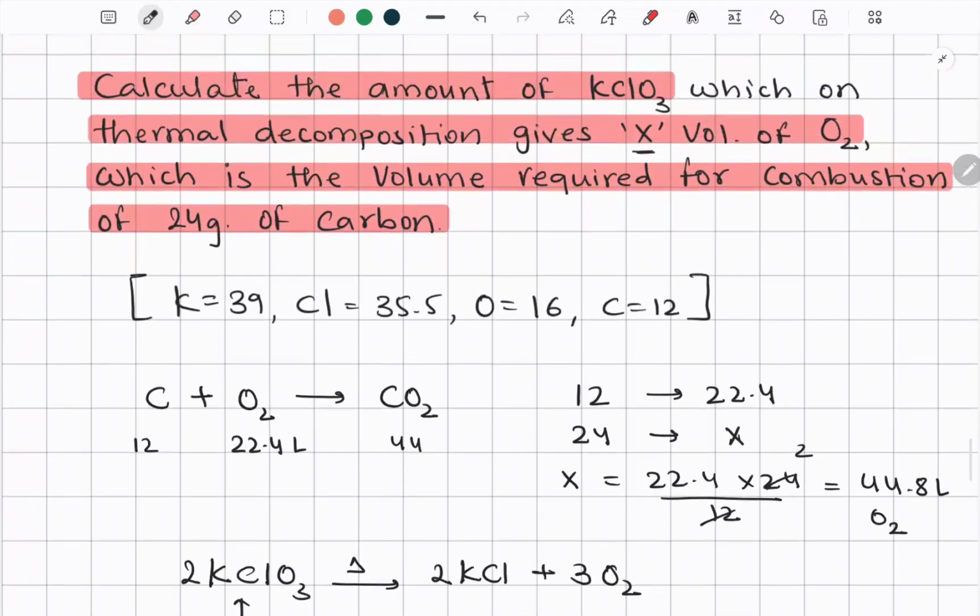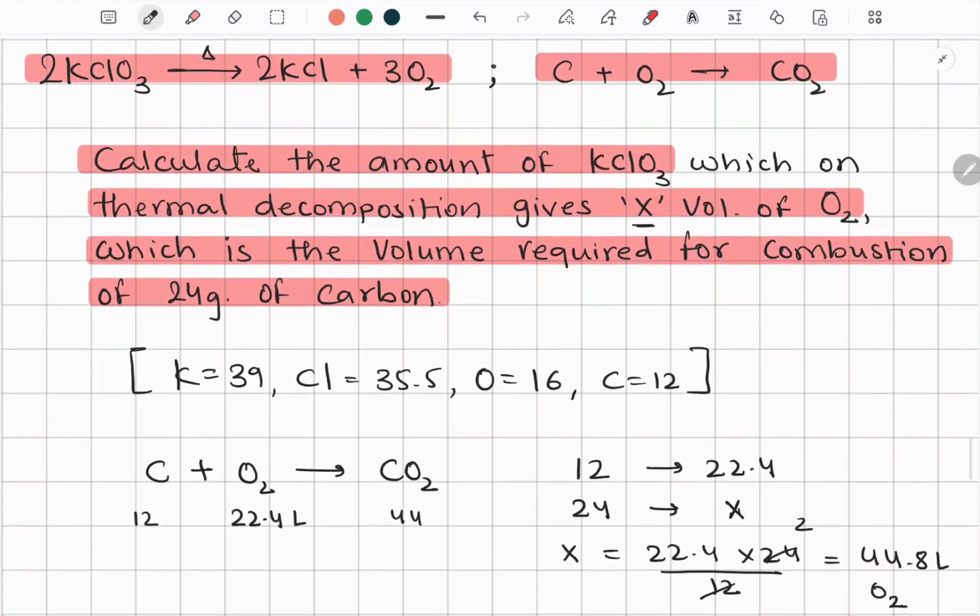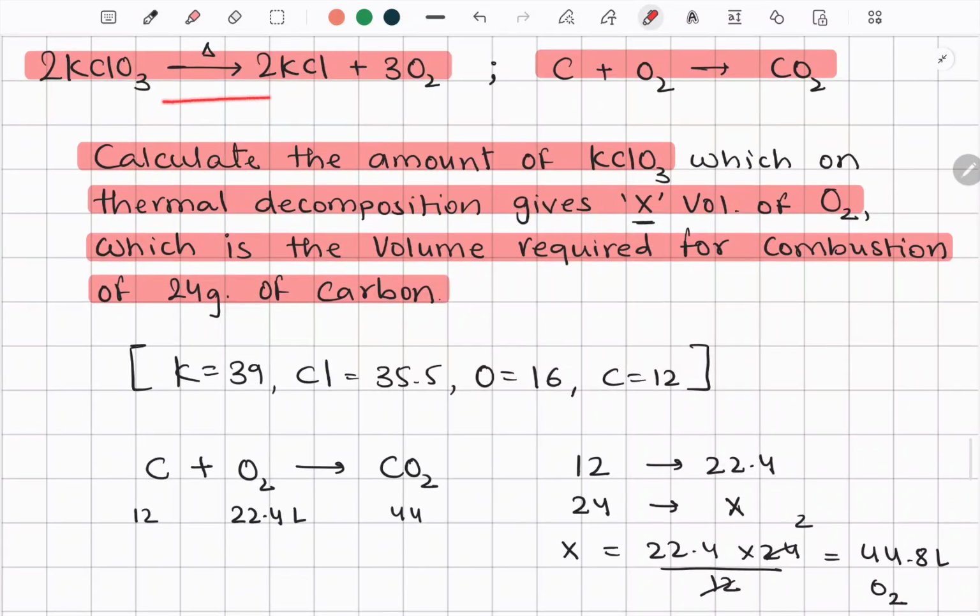Now let's go through this question once again in order to understand it better. Two chemical equations were given: first the thermal decomposition of KClO3, and second the combustion of carbon. The question asks us to calculate the amount of KClO3 which on thermal decomposition gives X volume of oxygen, the volume required for the combustion of 24 gram of carbon.